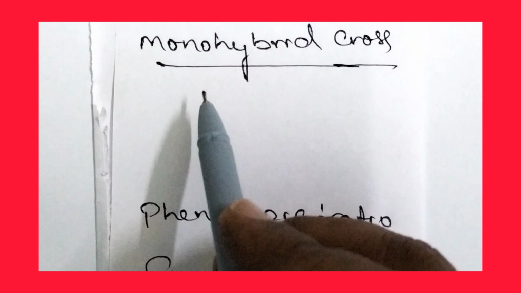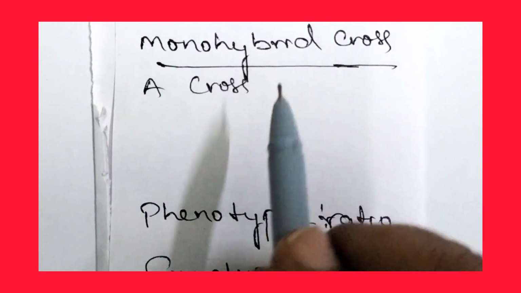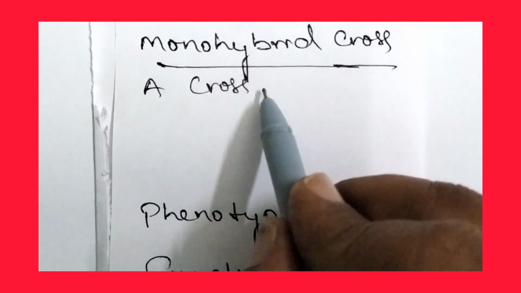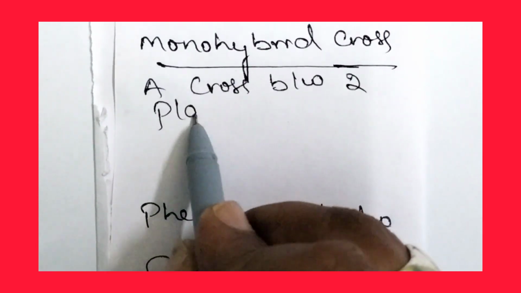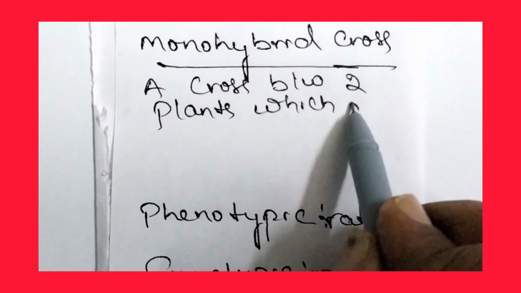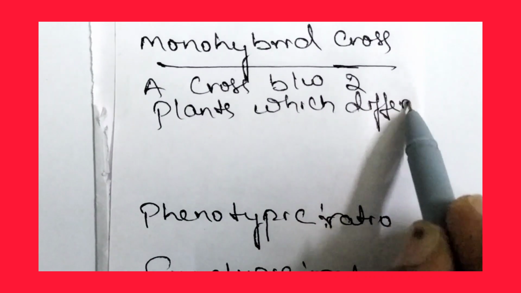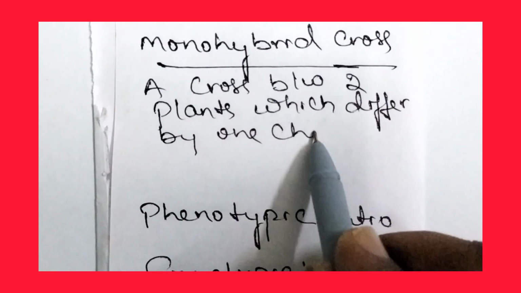So what is meant by monohybrid cross? Monohybrid cross comes in the exam for 1 mark. What is a monohybrid cross? A cross between 2 plants which differ by one character.